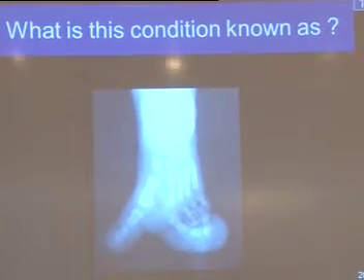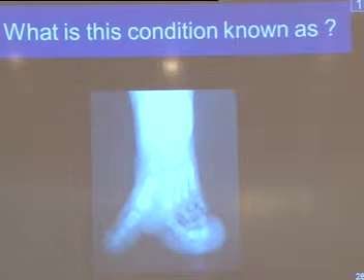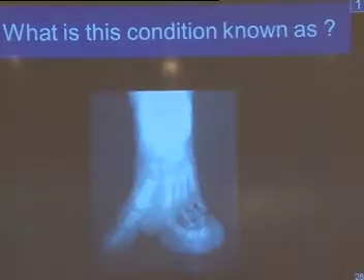This is pediatric. Not very difficult. No, it's not. 10 seconds left.